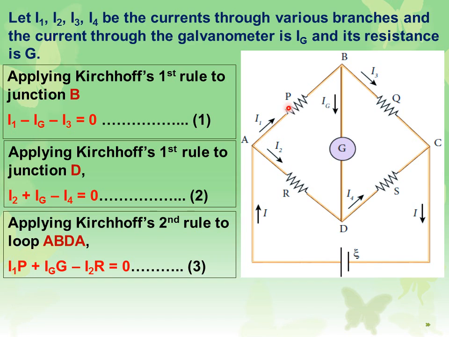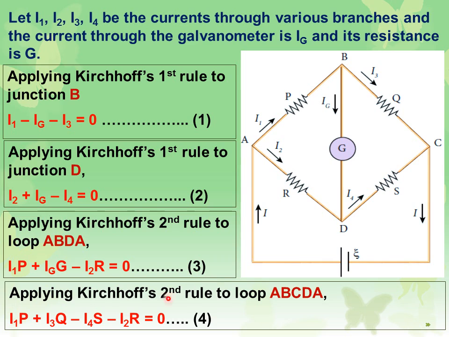First one is I1P, the second one is Ig into capital G, and I2 into R. Here I1P and IgG are positive, but we lose current at I2, so it is I1P plus IgG minus I2R is equal to 0. This is equation number 3.